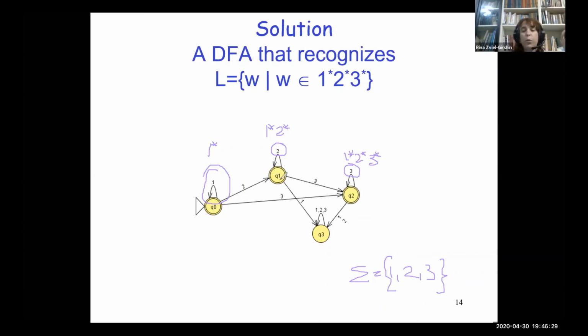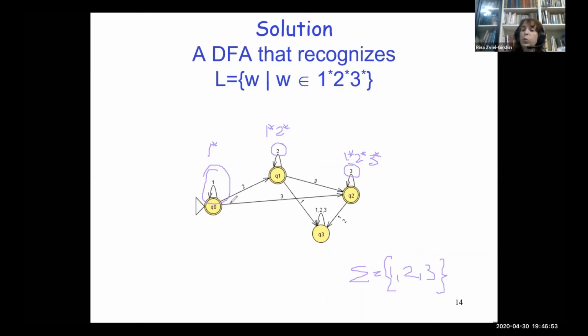For 2, I move to Q1. For 3, I have to add a transition. If after getting ones I get 3 as input, I move from Q0 to state Q2. We will be missing 2s, but we move to Q2.